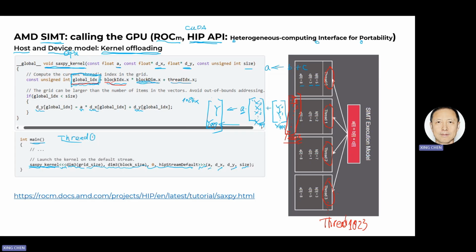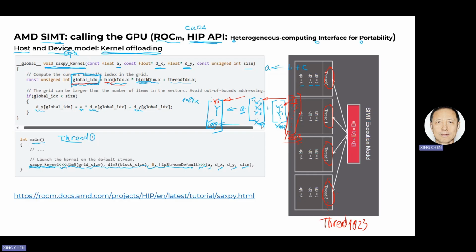So thread 0 works out: I'm going to compute a multiplied by x0, plus y0, and put the final result in y0, this position.